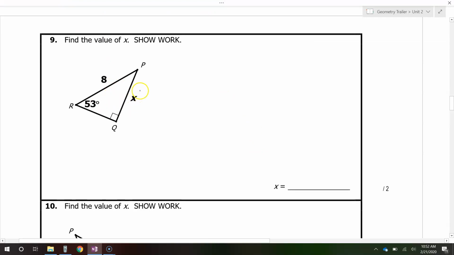Okay, it looks like another sine, cosine, or tangent problem. So let's start by labeling the hypotenuse. Circle the angle that you were given and draw yourself an arrow. That'll be the opposite side. The other side is the adjacent side. So we will write Sohcahtoa. Which one are we going to use?